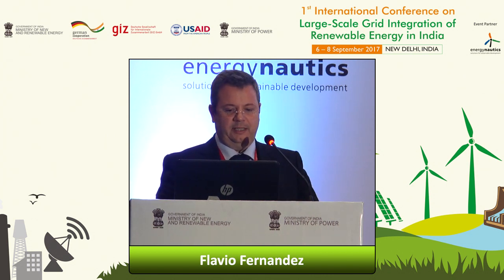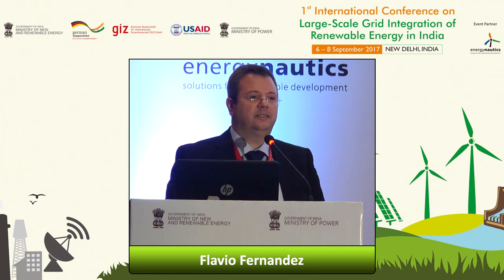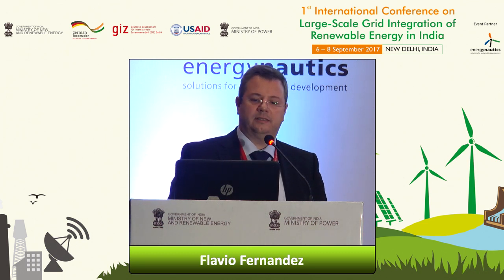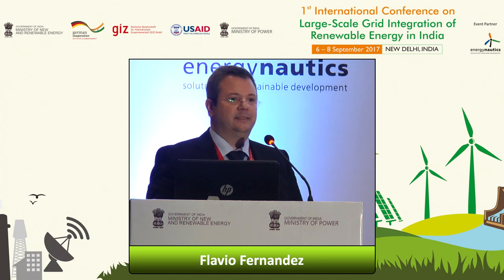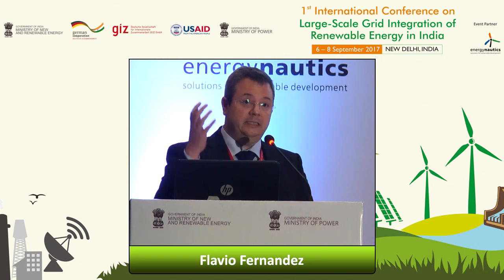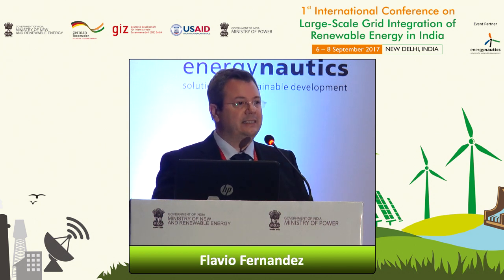So we start with the first one, which is what we call a detailed EMT type model. EMT means electromagnetic transient simulation. This is the most detailed or accurate model that we can have in terms of simulation. What are the characteristics here?